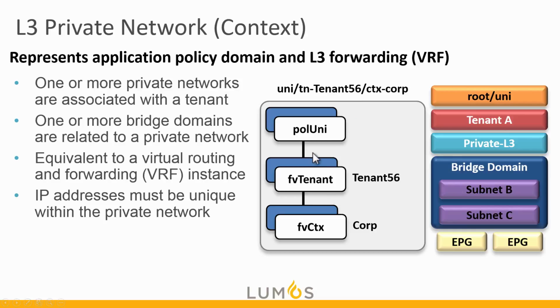From a representation in terms of your JSON or your XML, you'd have pol uni, so policy for the universe, fv, which is functional virtualization or functional value, can never remember which, for a tenant, and then your fv for your context, also called your private network, also called your VRF.